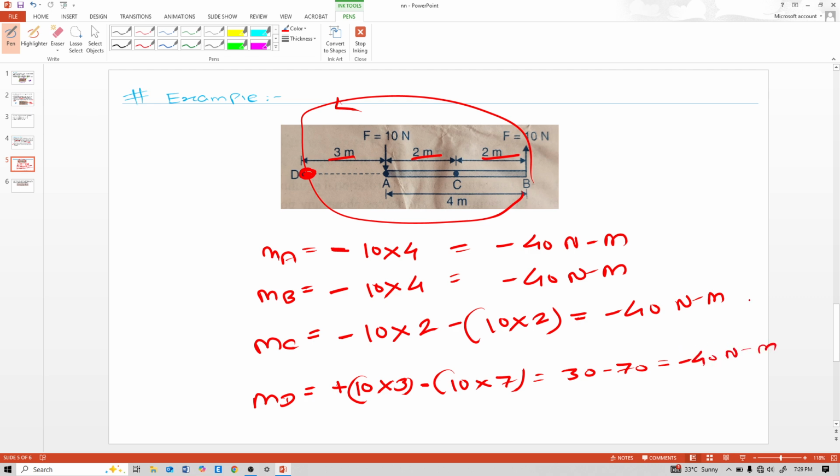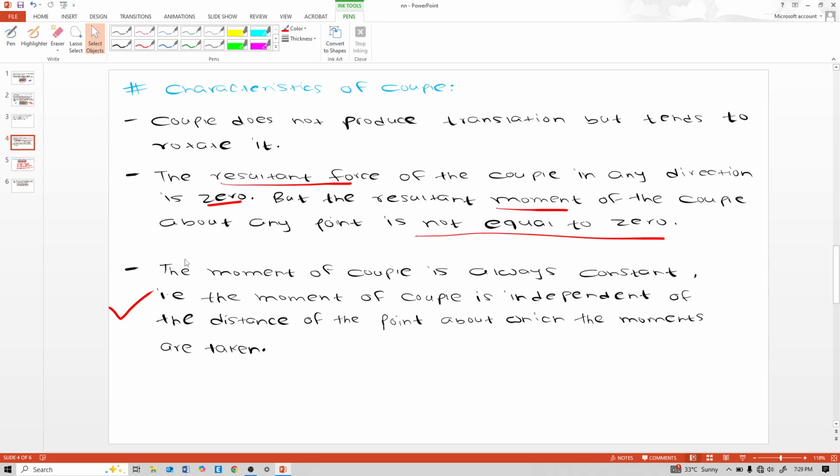So just what we are observing here: moment at A, moment at B, moment at C, and moment at D. Moment is the same everywhere, at every point. So now read this bullet point. The moment of a couple is always constant.